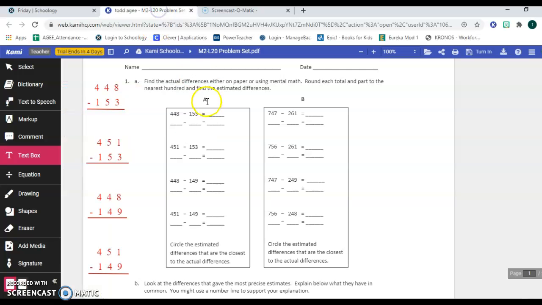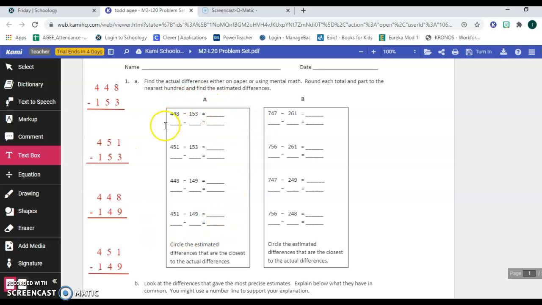You are going to be doing another example of trying to compare estimates to actual differences. So when we're talking about differences, remember we're talking about the answers to subtraction problems. So they give us two columns of related problems.